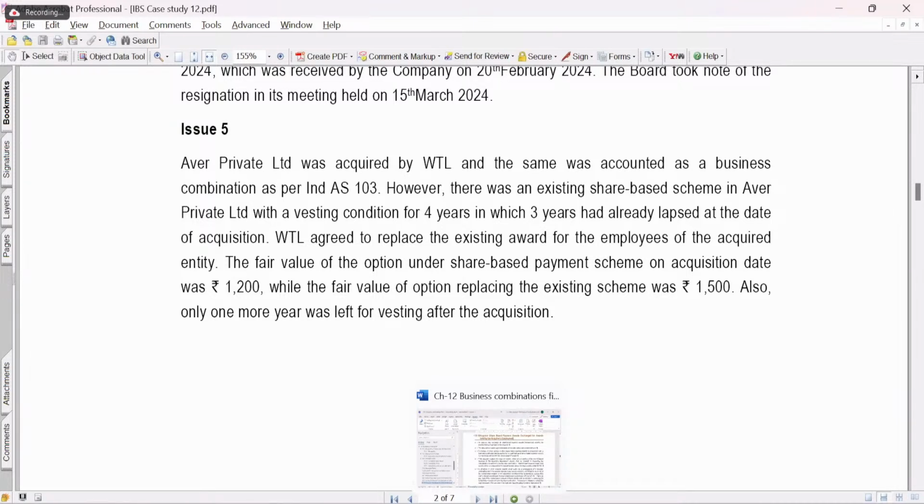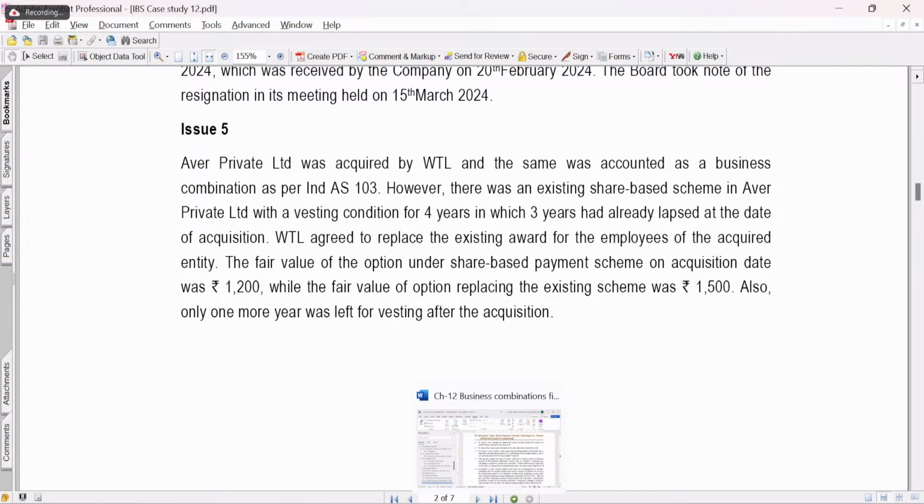Ava Private Limited was acquired by WTL, and the same was accounted as a business combination as per Ind AS 103. However, there was an existing share-based scheme in Ava Private Limited with a vesting condition for 4 years, in which 3 years had already lapsed at the date of acquisition.